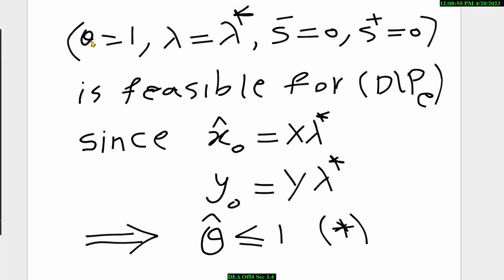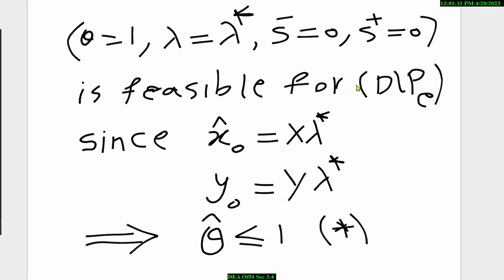Note that theta equal to 1, lambda star, s minus 0, s plus 0 is a feasible solution for DLPE.